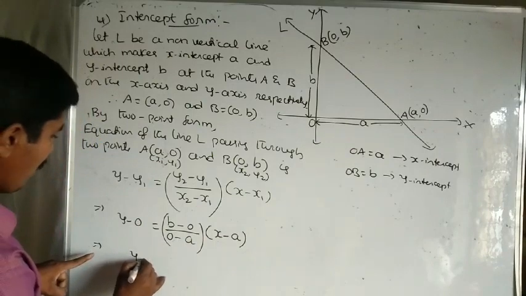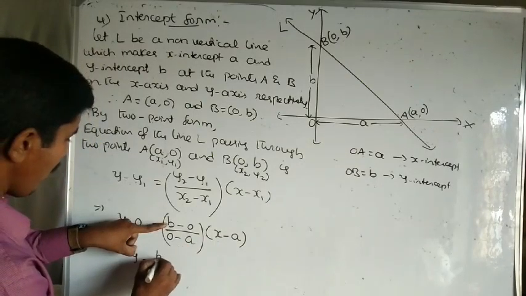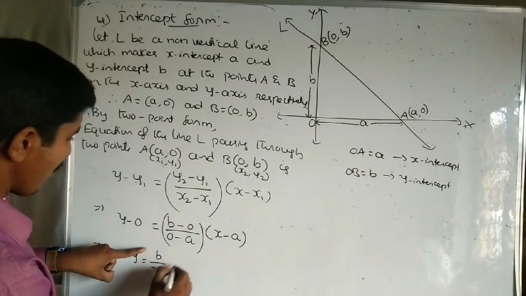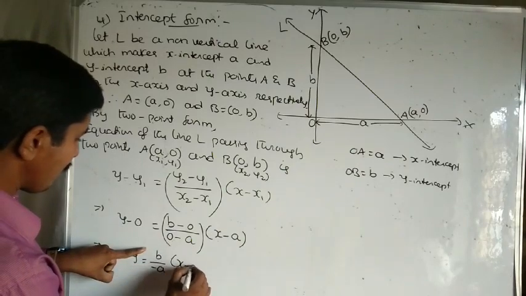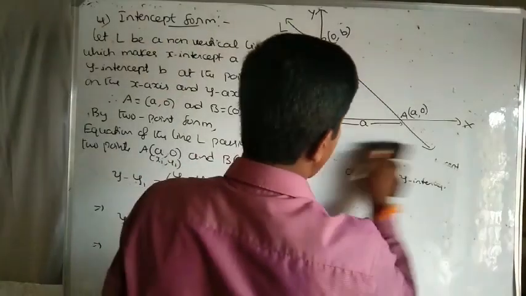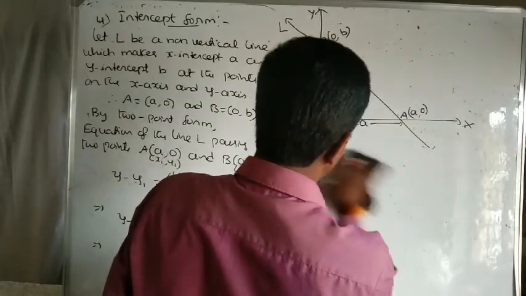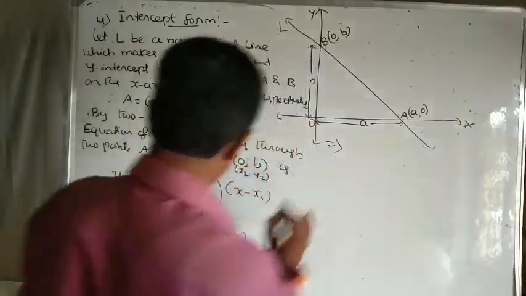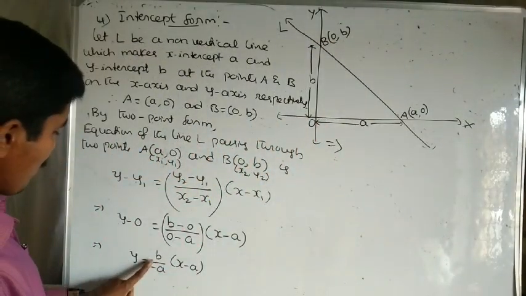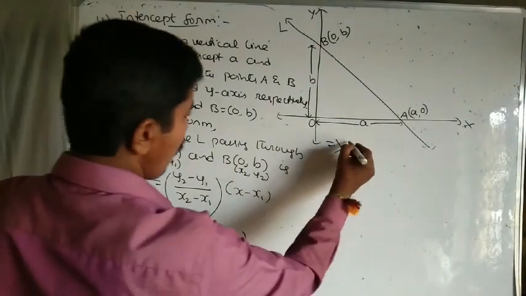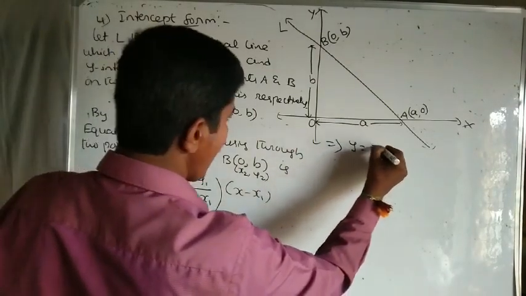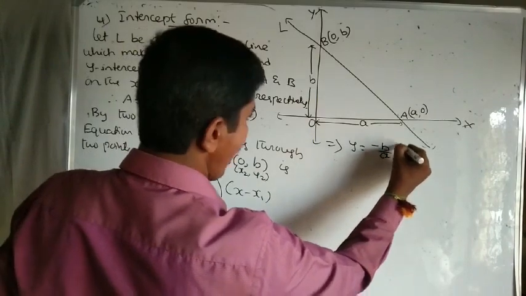So y minus 0, y equals (b minus 0) divided by (0 minus a) into (x minus a). Next step, taking the minus sign to the numerator, y equals minus b by a into (x minus a).